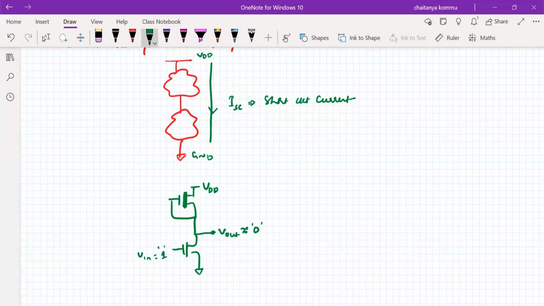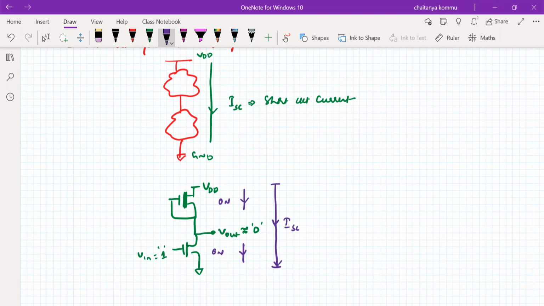Under this situation, this transistor is on, and this is also on. When both transistors are on, the currents of the depletion type and the enhancement type are both available. That means a short circuit exists from VDD to ground, right?